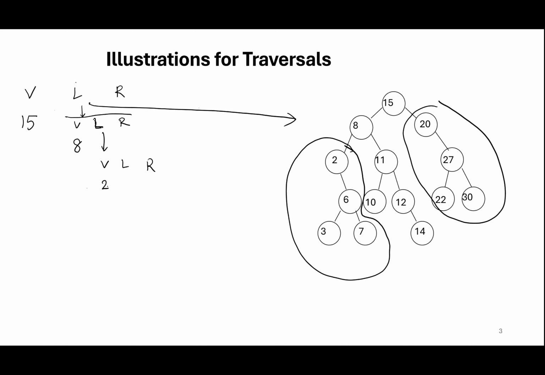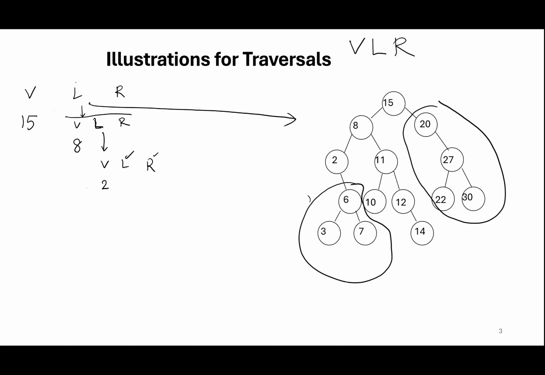So that means visit 2. What is the new left? Nothing, right? There is no left here, so this is also done. What is the right here? This part is the right. If I go to the right, we know visit, left, right: we visit first, then go to left, then go to right.